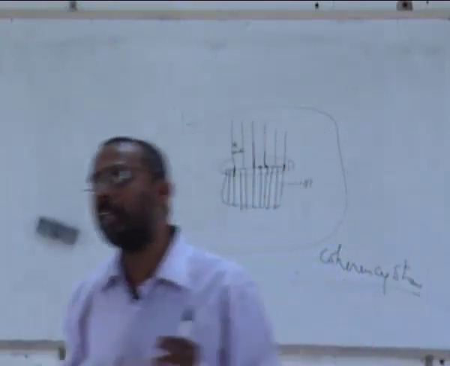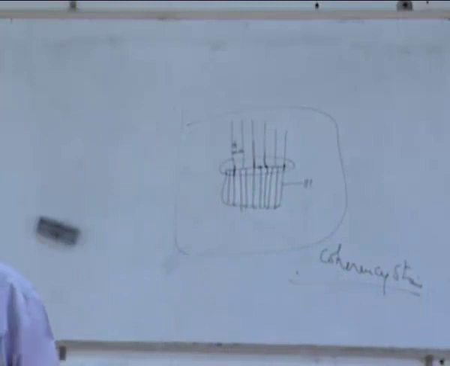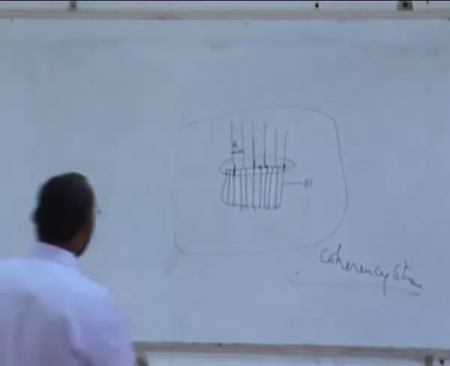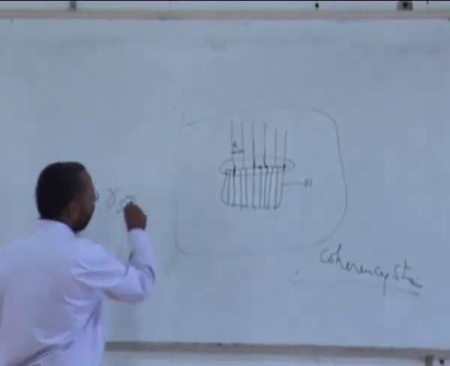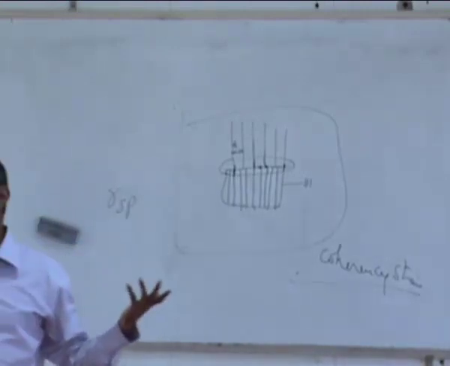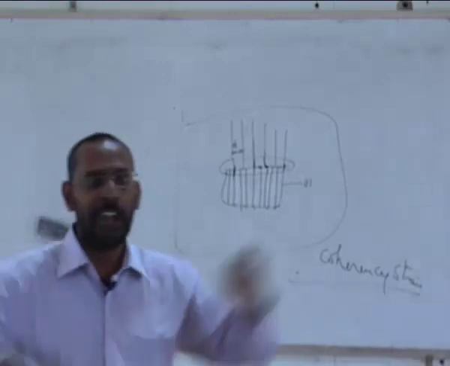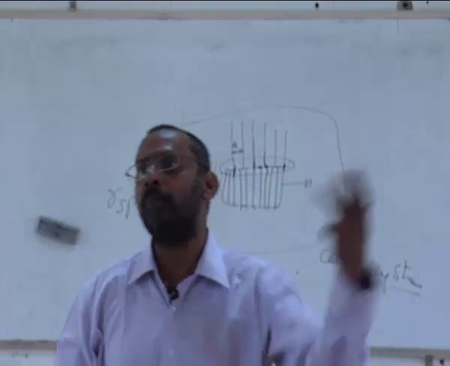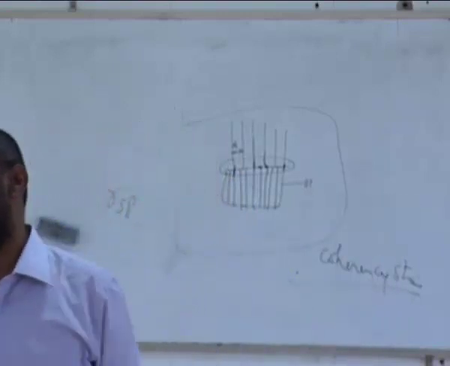Grain refiners are nothing but particles with a definite crystal structure, whose crystal structure is similar to that of the matrix. That's why I just now said, if gamma sp is lower, then the particle will act as a nucleating site. If I have 2 particles added, the one which has a lower gamma sp will act as a better nucleating site when compared to the other.